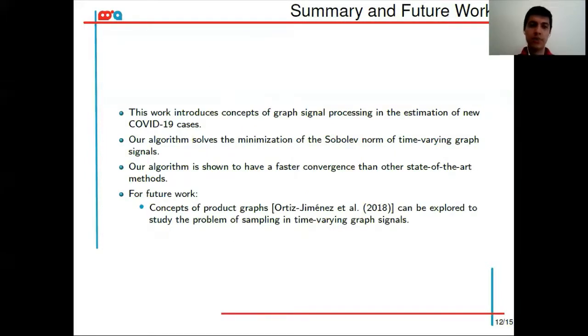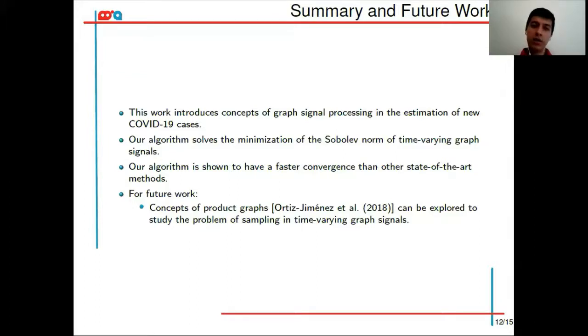In summary, this work introduces the concept of graph signal processing in the estimation of new COVID-19 cases. Our algorithm solves the minimization of the Sobolev norm of time-varying graph signals.